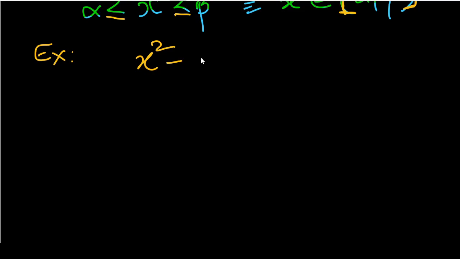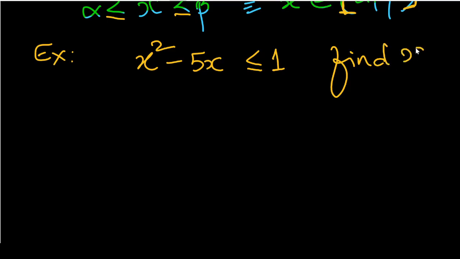X square minus 5x less than equal to 1. Find x. So how we will do, guys? So again the hint is same.